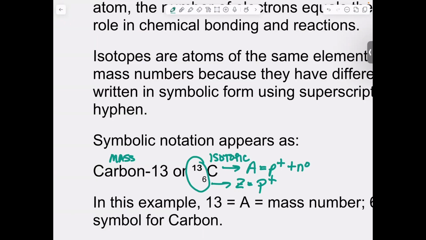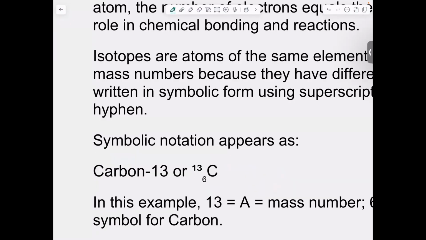We would have 7 neutrons in this particular setup and 6 protons, because that lower number identifies your protons. And then if we were to answer the ultimate question of electrons, we would just say 6 as well. So I'm going to reset the screen here, just a moment.